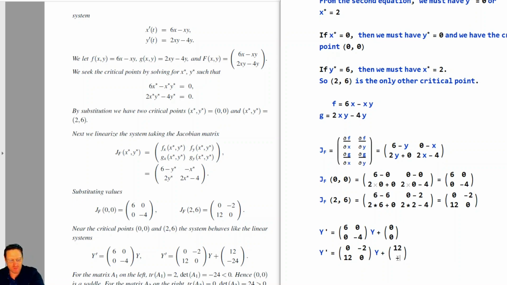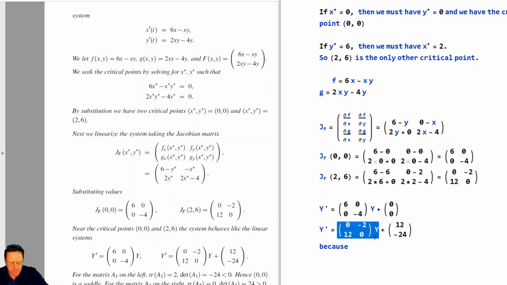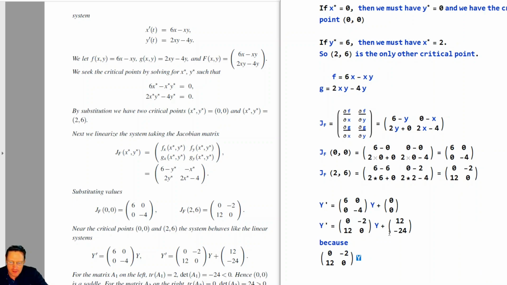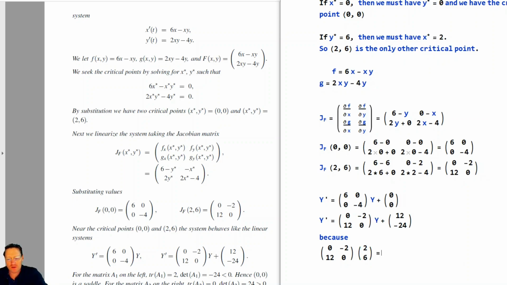So we'll just put in 12, minus 24 because when I sub in the critical point here, which is 2 and 6, and multiply that out, I've got minus 12 in the top row, and then I've got 2 times 12 is 24 in the bottom row. So this is what I need to take over to the other side.